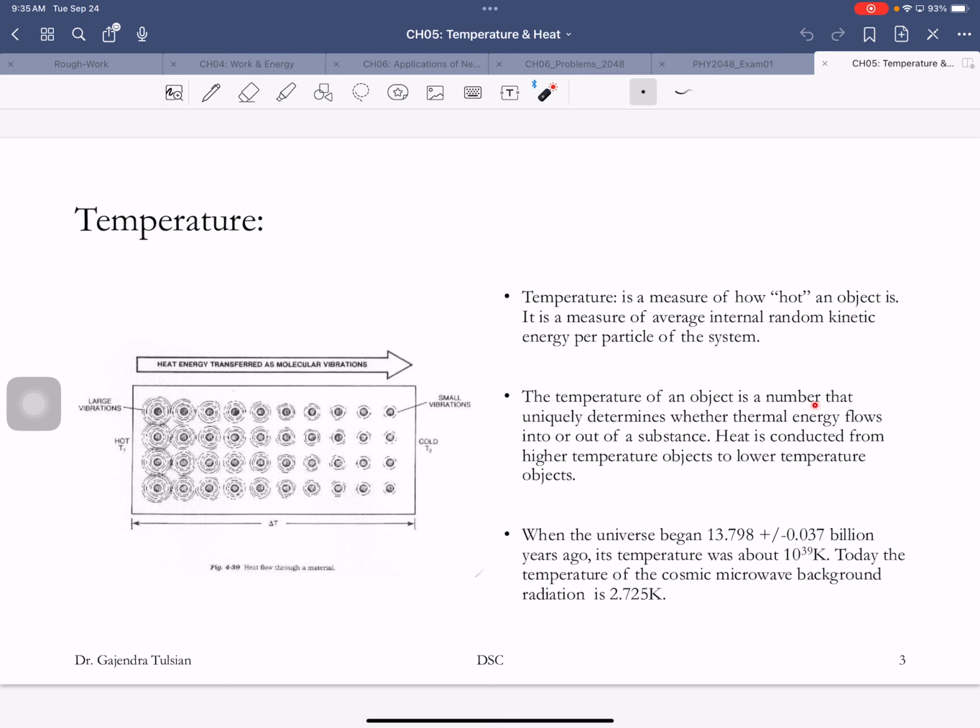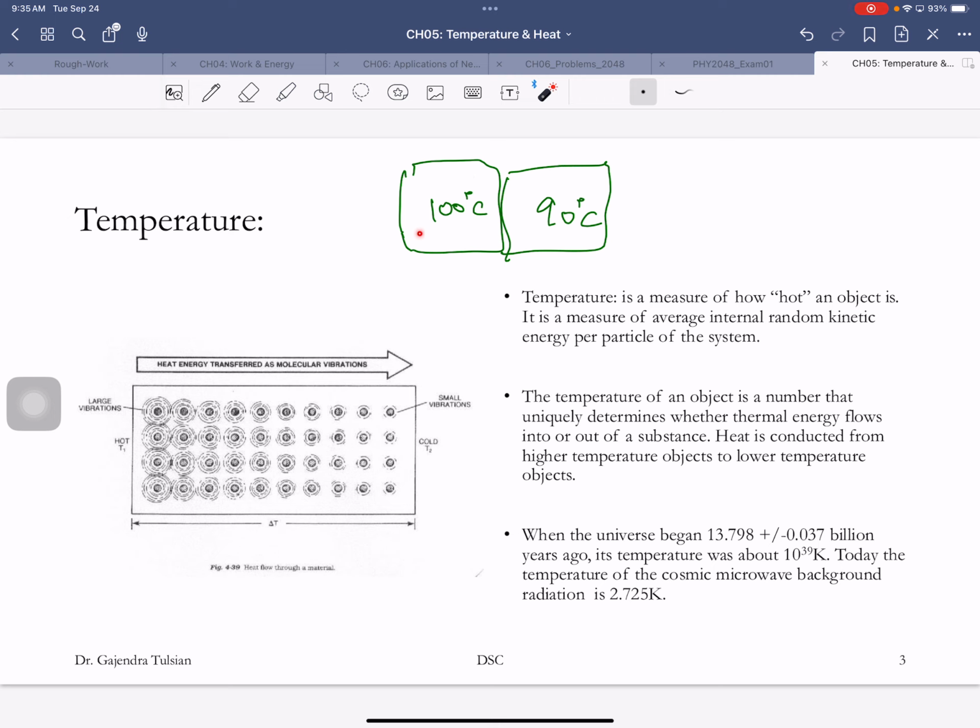The temperature of an object is a number, so it's a scalar that uniquely determines whether thermal energy flows into or out of the object. What that statement means is, let's say this is 100 degrees Celsius, and you bring something in contact at 90 degrees Celsius. These are the two temperatures of the two objects.